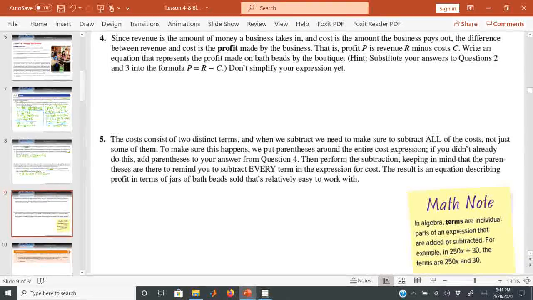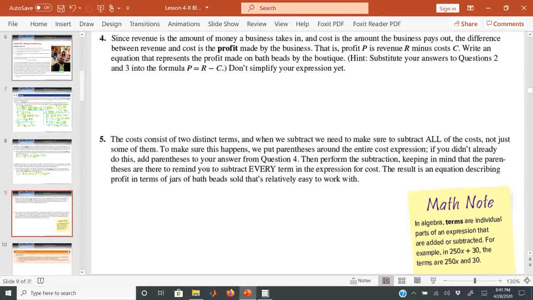What's left is called your profit. Write an equation that represents the profit made on bath beads by the boutique. So, hint, substitute your answers to question 2 and 3 in the formula P equals R minus C. Don't simplify your expression yet.